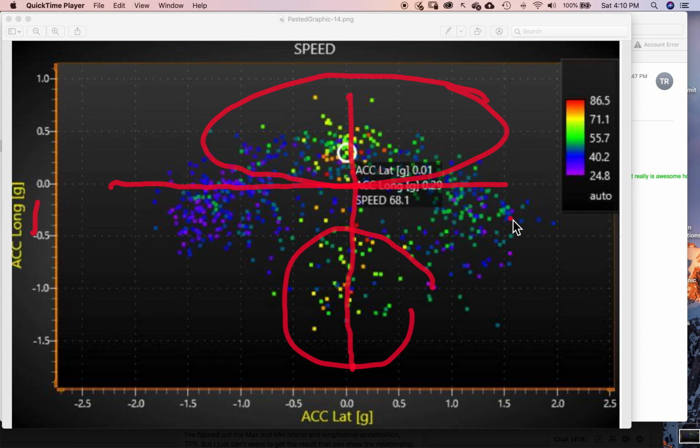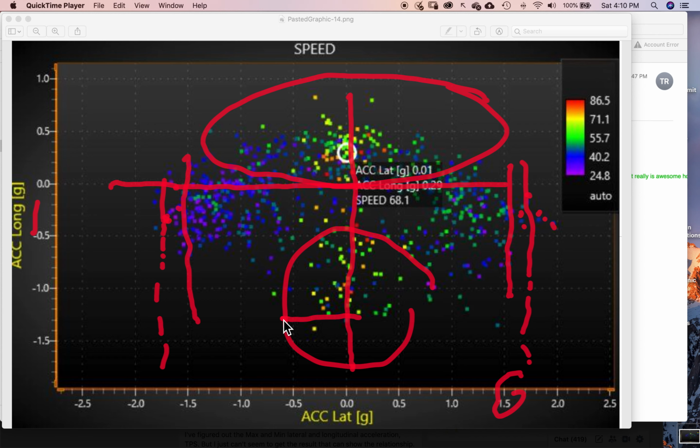And these are right-hand turns. Typically what I see here is getting about 1.5 G, a little bit more here, and honestly 1.5 G and a little more here. So it looks like the car is able to do about 1.7, but for braking it can only do 1.3, maybe 1.25, 1.2.